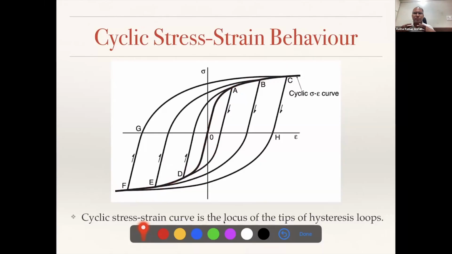Whenever people talk about the cyclic stress strain curve, that is a stress strain curve obtained by plotting the line joining the peaks of the hysteresis, the stress reversal or strain reversal points, for different strain amplitudes. Is it clear how we got this curve?